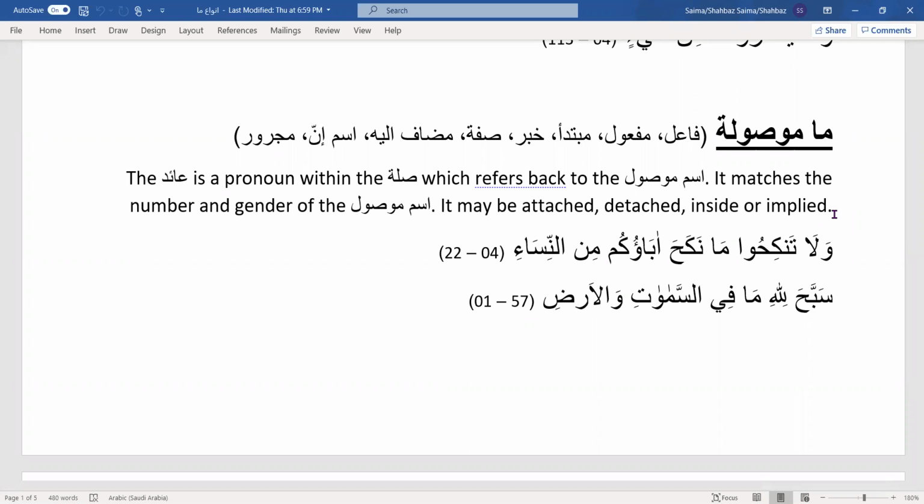That's right. Yes, as Ibrahim is saying, ma nakaha abaukum min nisa'i is a jumla, maf'ul bihi. Jazakallahu khair, Ibrahim. So any questions, brother? On the 3 types of ma, we didn't learn much new. We already know most of it. It was mostly revision.